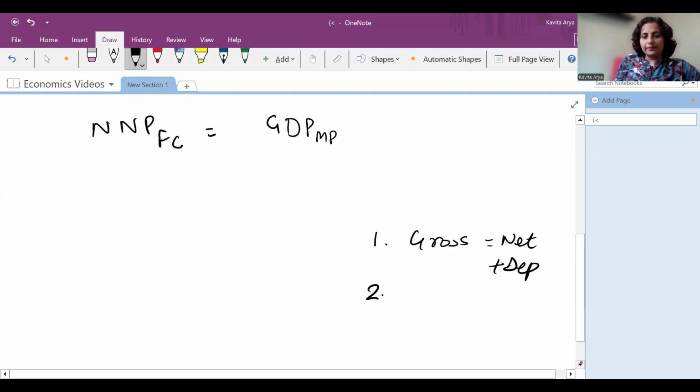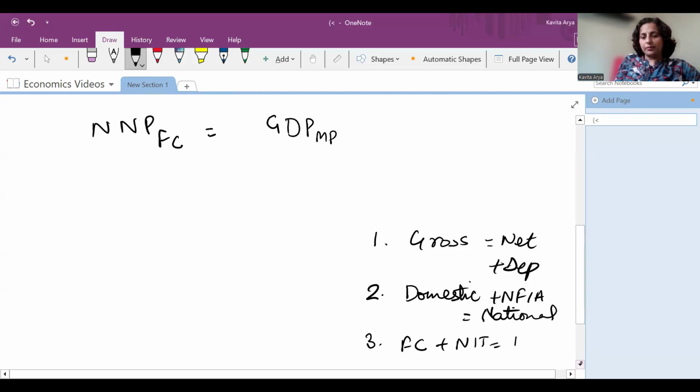The second equation was domestic, add NFIA to get national. The third was factor cost, add NIT to get market price. So when I have G with me, I need to convert it into N, what do I do?